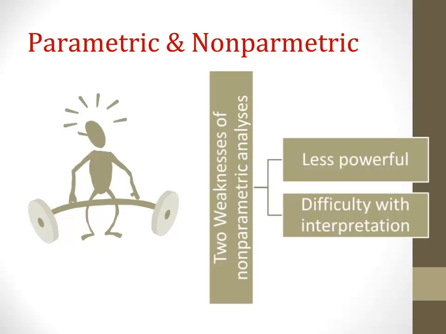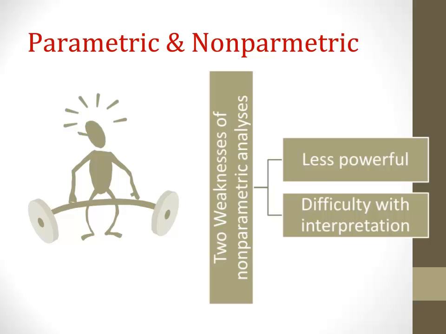The second drawback associated with non-parametric procedures is that their results are often less easy to interpret and make sense of than the results of the parametric analyses. And this is because many of the non-parametric analyses or procedures use ranking of values in the analysis rather than the actual raw data.